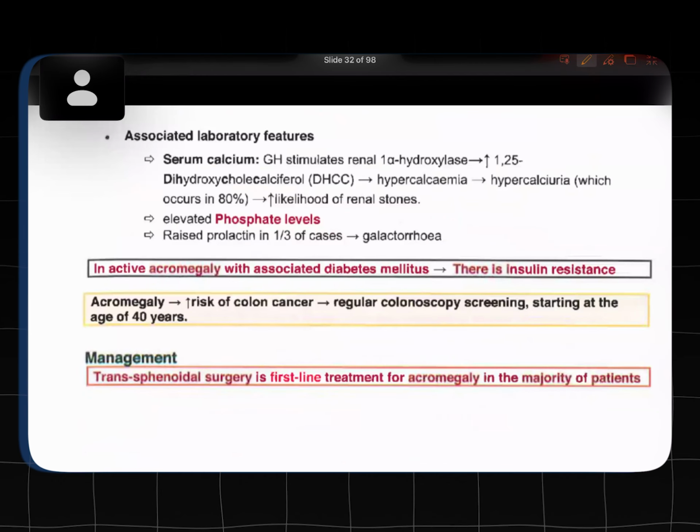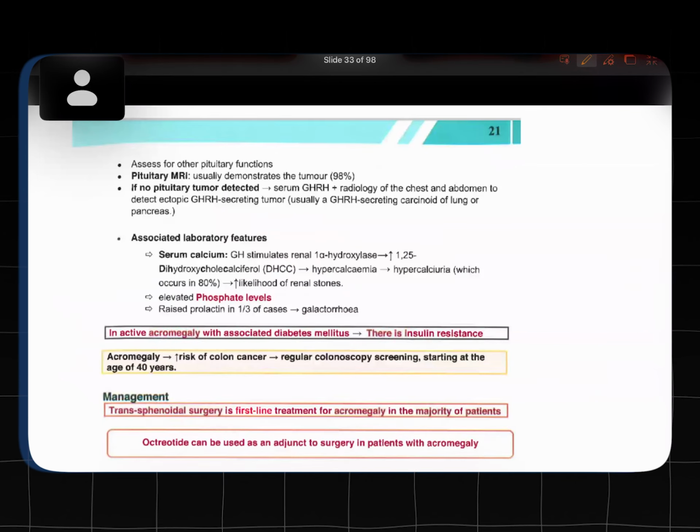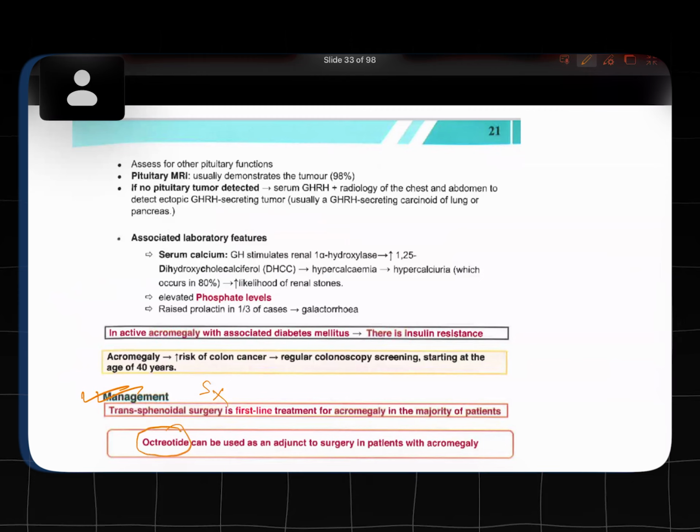So in acromegaly, there is a risk of colon cancer, polyps. So regular colonoscopy screening from the age of 40 years. Management is obviously surgery. It is the first line and only management for acromegaly patients. So management-wise, yes, surgery is there, and one drug, octreotide, which can be used as an adjunct to surgery in patients with acromegaly.